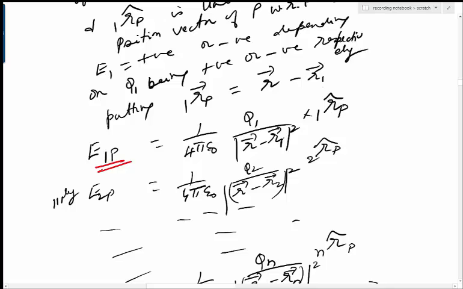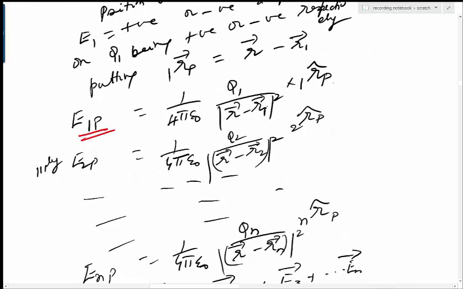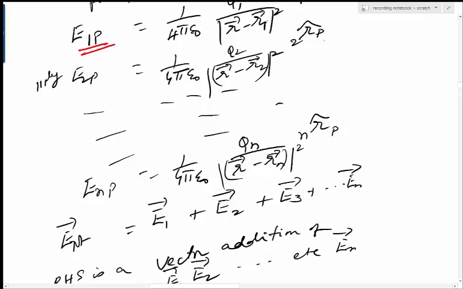Now, E1P will be equal to 1 by 4 pi epsilon naught Q1 by the modulus of the difference vector R minus R1, the whole square, into the unit vector of R of P with respect to 1. Similarly, E2P will be 1 by 4 pi epsilon naught into Q2 by the modulus of R vector minus R2 vector, the whole square, into the unit vector of R of P with respect to 2, and so on.